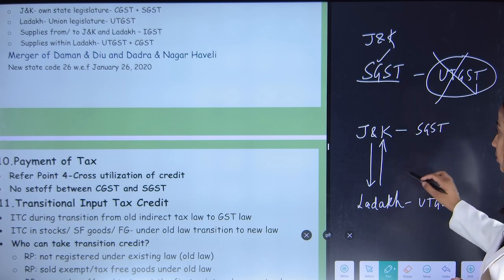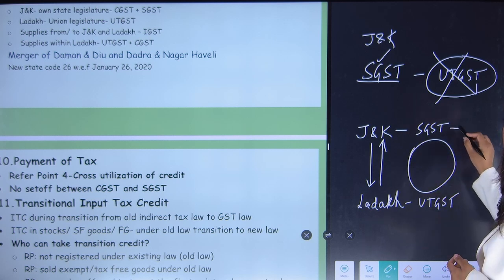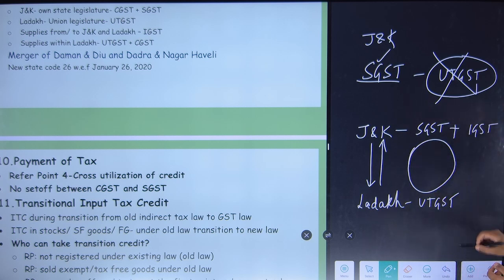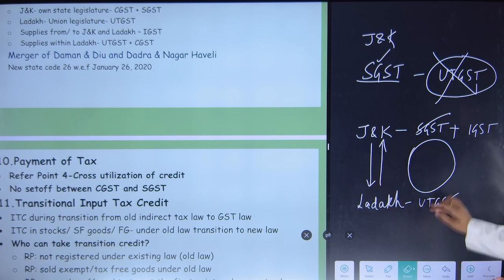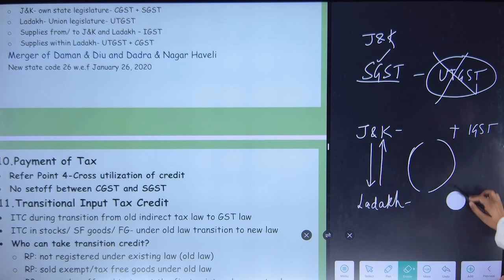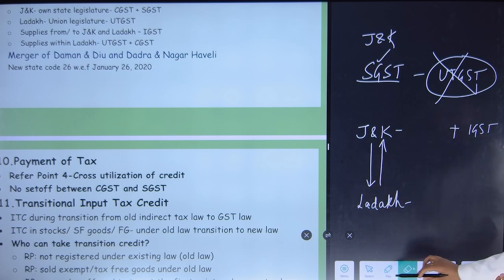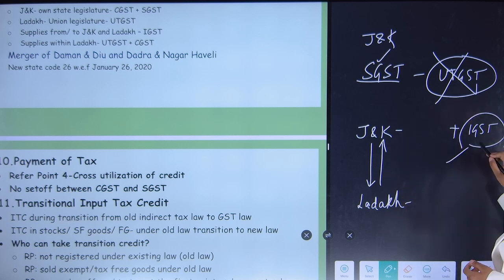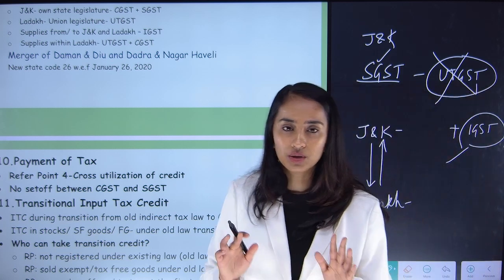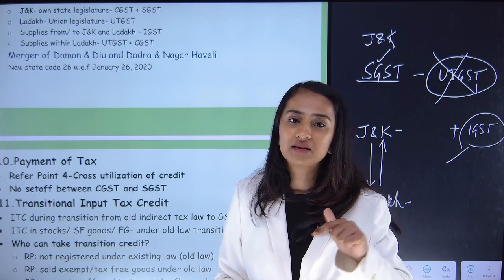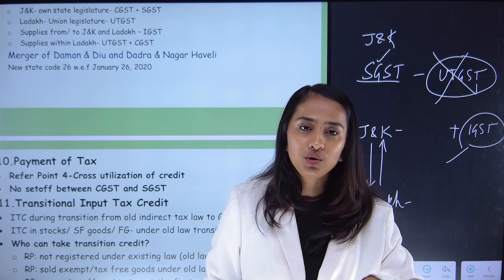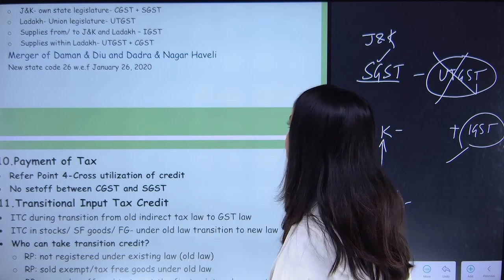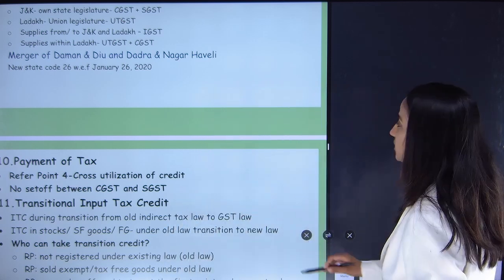So since these both are not Union Territories, whenever you sell from or to J&K and Ladakh, you will charge IGST. Are we clear? Yes. Okay. Then if you do supplies within Ladakh, within the Union Territory, you will levy what? UT-GST and CGST. Are we clear?